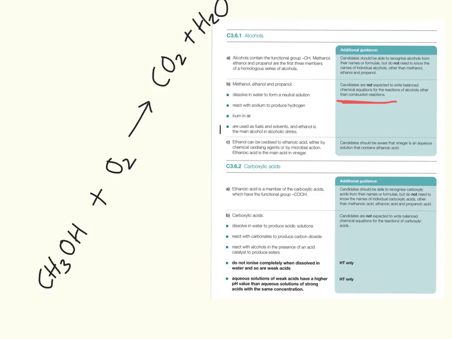Okay, so this one you should have ended up with a big 2 here, a 3 here, a 2 here, and a 4 here. So just to check that everything's balanced, because we all make mistakes.